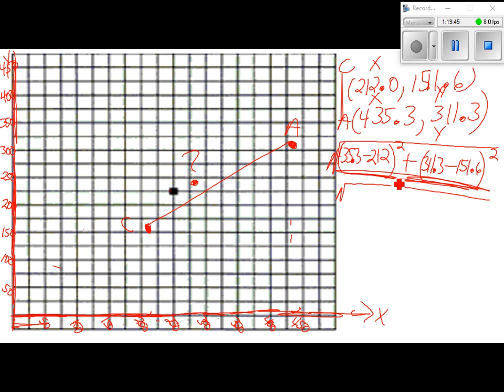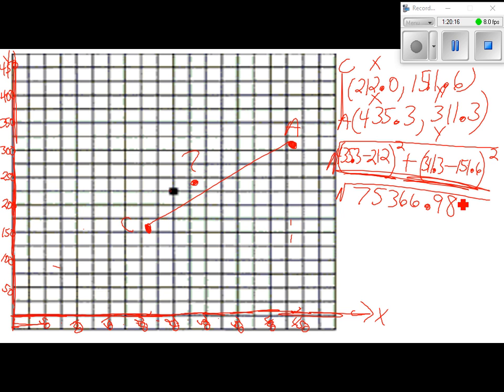Oh, shoot, I forgot. I got to go back. I forgot on my calculator, I need another parenthesis, then 311.3 minus 151.6, close the parenthesis, square that, hit equals, and I get this number, 75366.98. So some great big huge number.